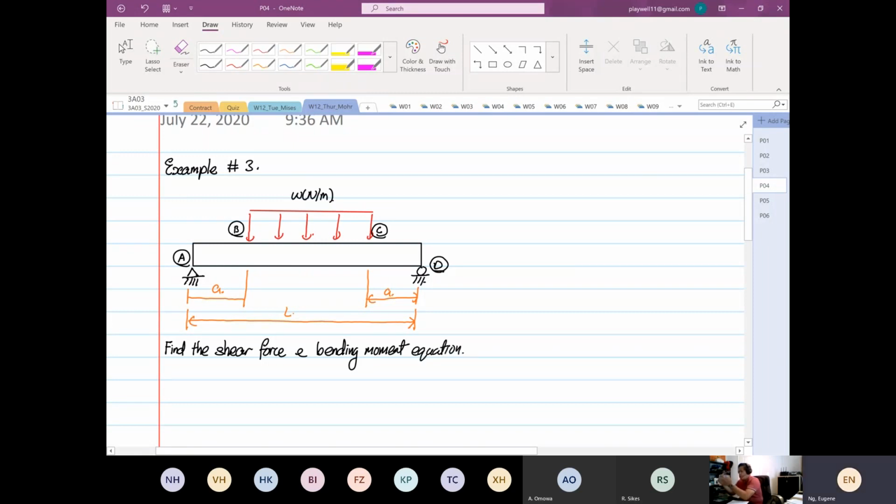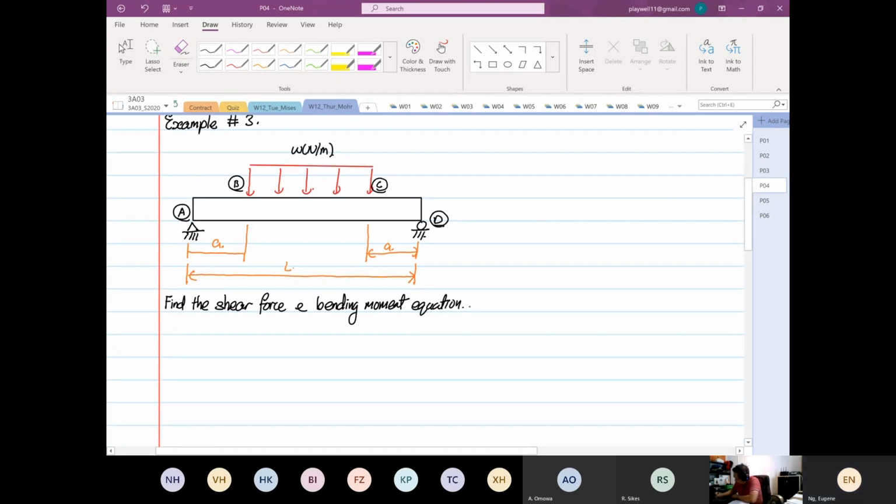Okay, I know that you don't need to use the integration method for this, but I want to show you what if we have a point load. Okay, so we're going to apply the integration method.